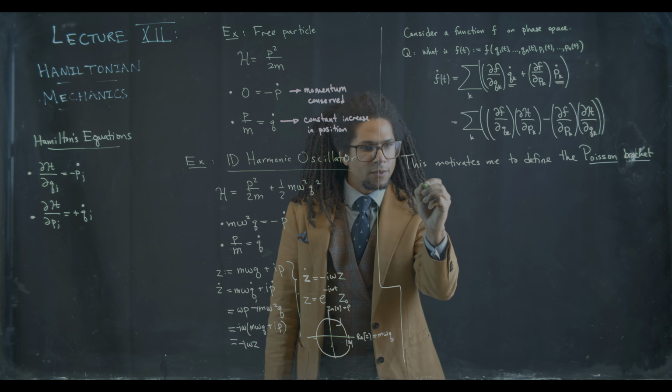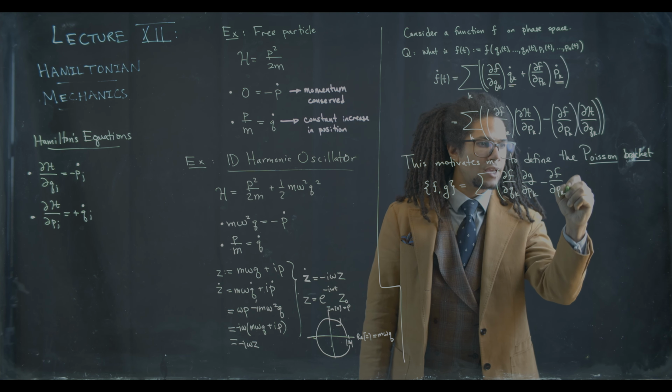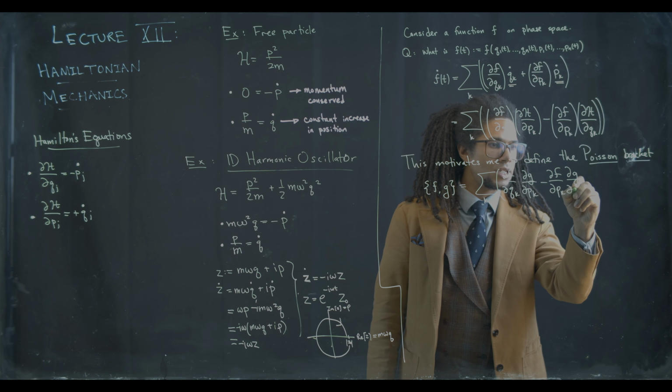Okay, so this bracket takes in two functions and spits out another function. And it's defined as follows. The bracket of f and g is the function defined by the sum over k of df/dqk dg/dpk minus df/dpk dg/dqk.